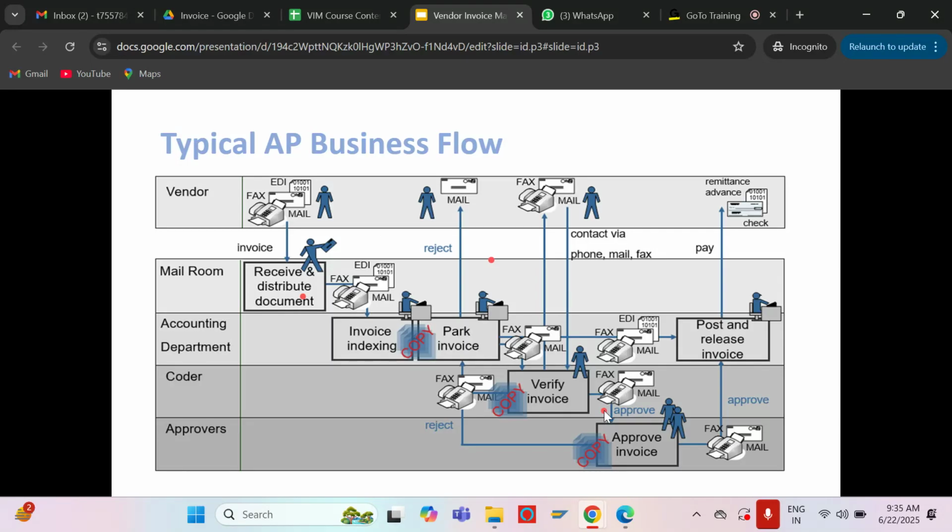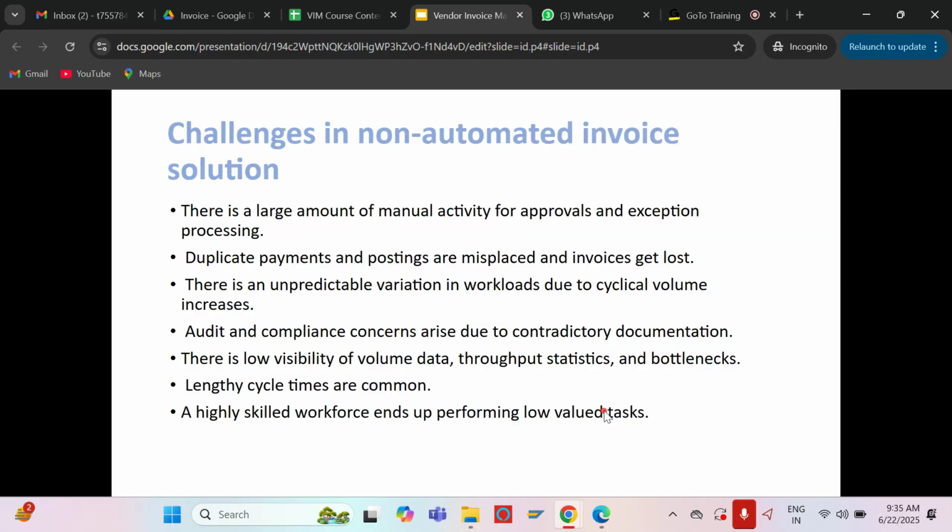Also, manually, they will have to go and check each data, whether each data is matching with the invoice. Whatever invoice has been received, the data is being matched with the invoice. So this is going to be a very hectic task for a person or any of the roles in the AP business flow, right?